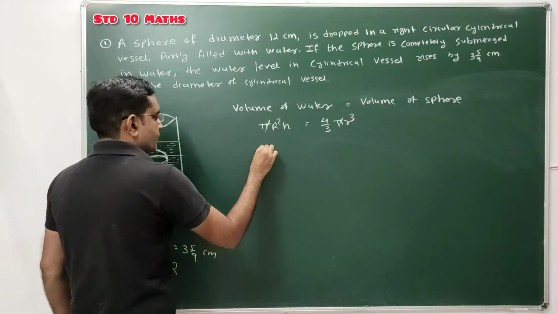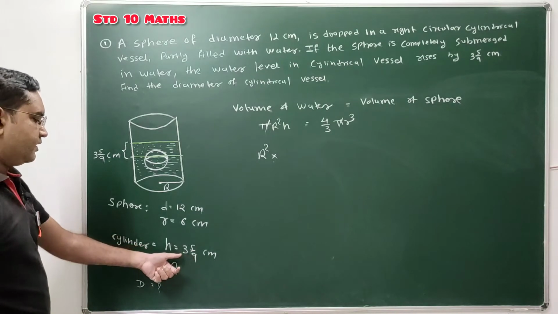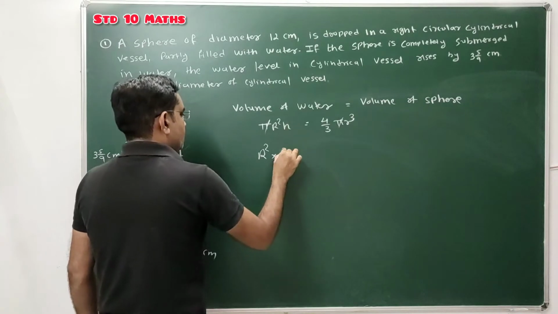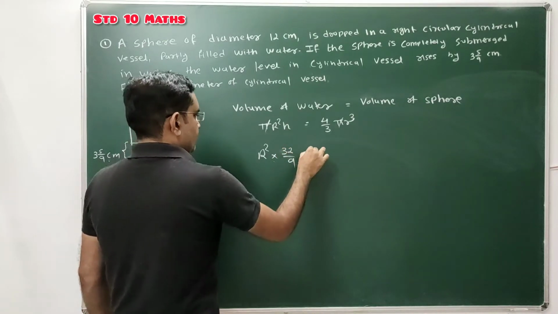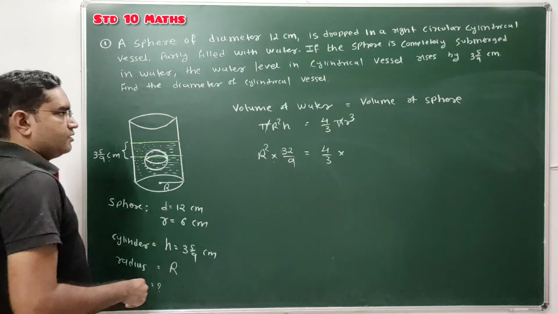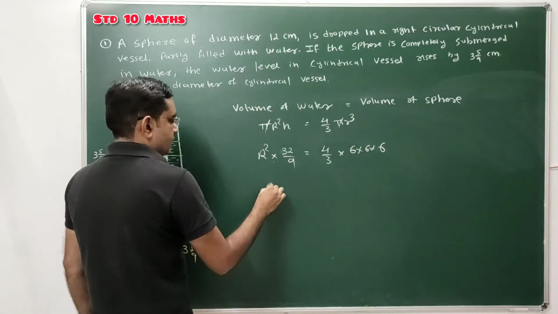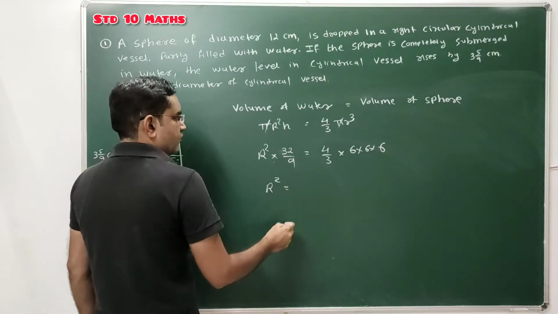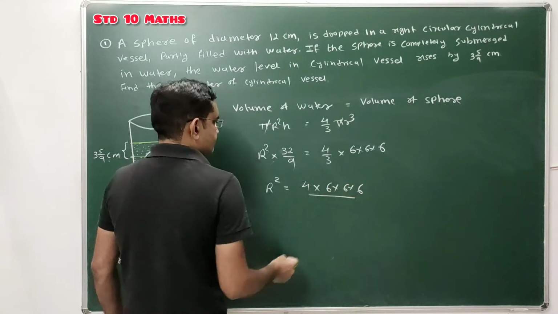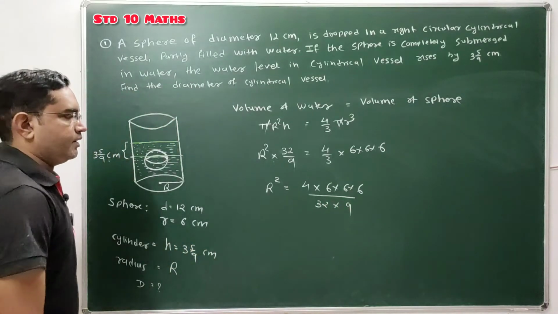Pi cancels. Capital R square into h, 3 integer 5 by 9, 9 3s are 27 plus 5, 32 by 9, equal to 4 by 3 into the radius of sphere 6 cube, 6 into 6 into 6. So R square equal to 4 into 6 into 6 into 6 divided by 32 into 9.